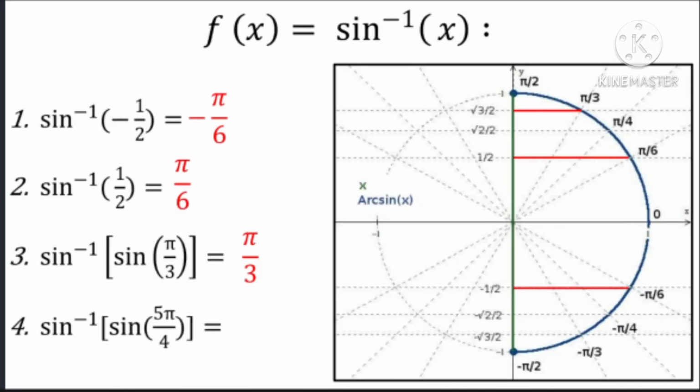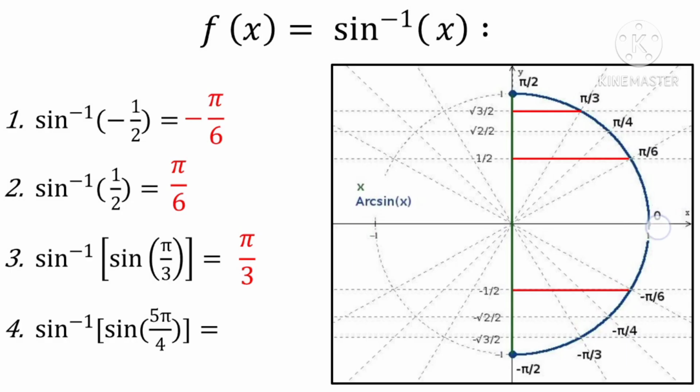Then sin inverse of sin of minus pi by 4. The value of sin of minus pi by 4 is minus 1 by root 2. Now we will have to always consider the value which lies between minus pi by 2 to pi by 2. So in this case, sin inverse of minus 1 by root 2 corresponds to minus pi by 4.